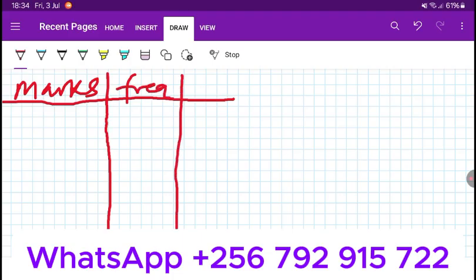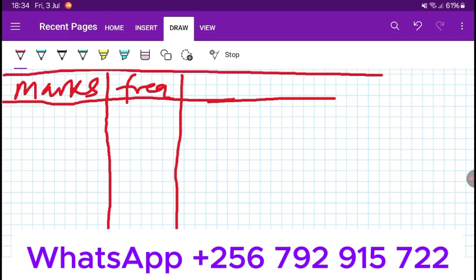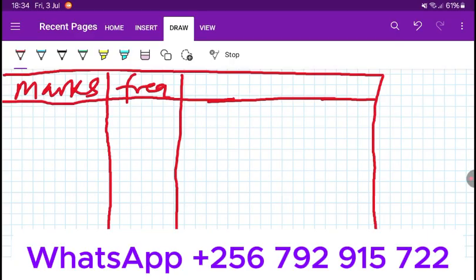The ones that we have are exclusive classes, whereby we don't need to compute the class boundaries, because the class limits are always the class boundaries.